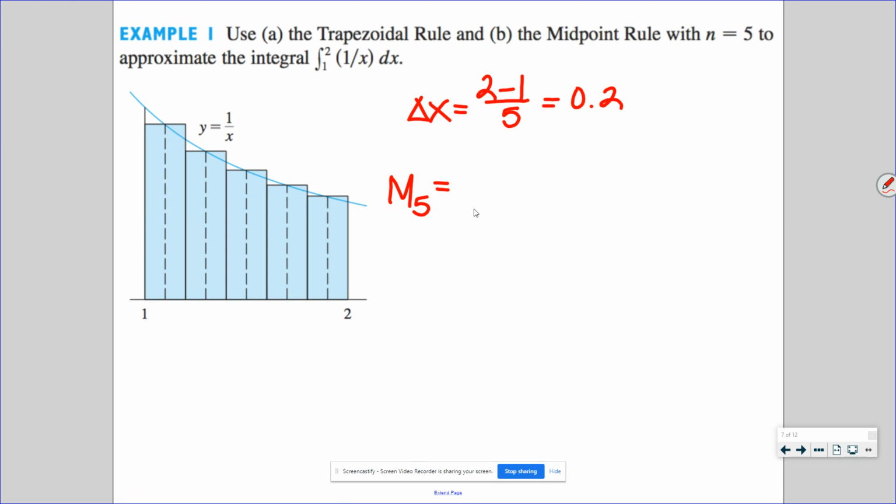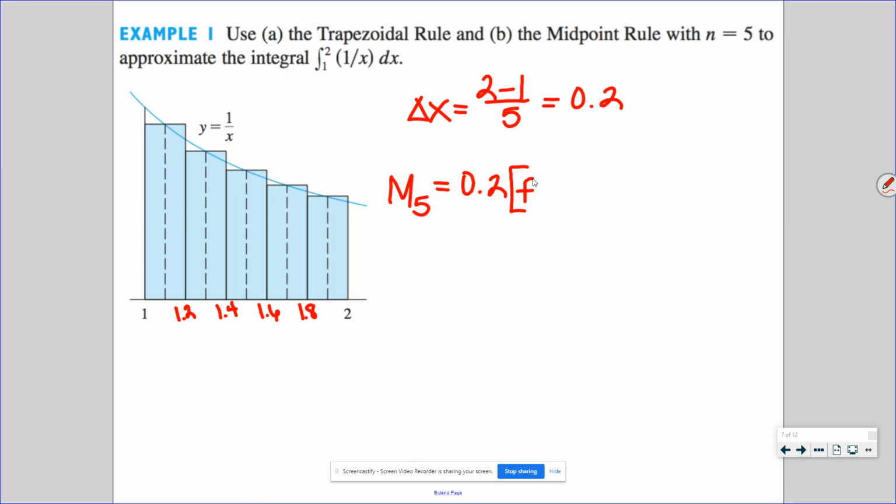Midpoint formula is just area of each rectangle. So you would say area is base times height or length times width, whatever you'd like to call it. And the width of each of these is 0.2. So instead of writing 0.2 times the height every time, I'm just going to write 0.2 on the outside and then add up all my heights on the inside.